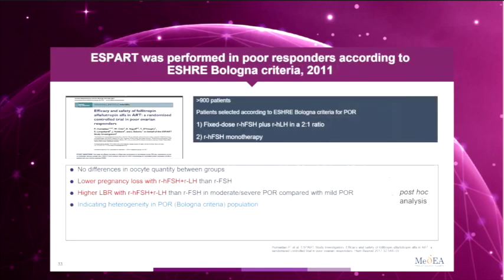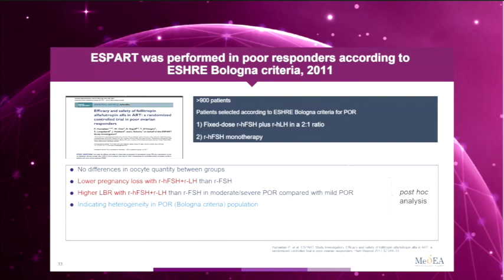And this is the SPART trial, comparing recombinant FSH alone with the association of recombinant FSH and recombinant LH in poor responders. Here, the endpoint of the trial was the number of eggs retrieved. And here, the study population was selected according to Bologna criteria.